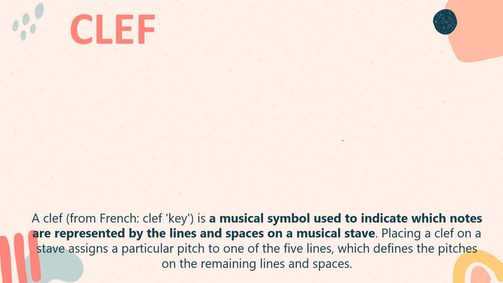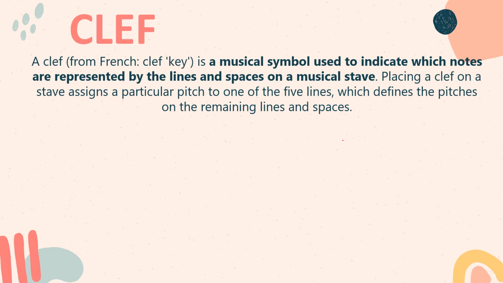Okay, after we have tackled the staff, what do you think is the next element of music that we should study or learn about? Okay, next we have the clef. What is a clef?